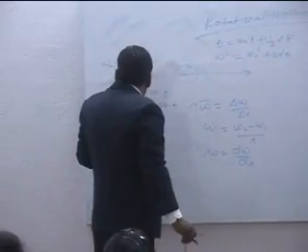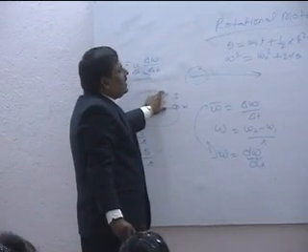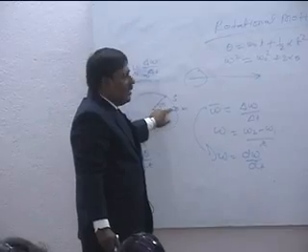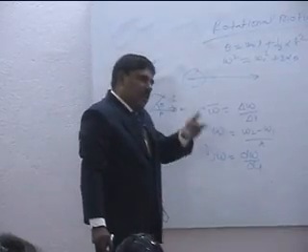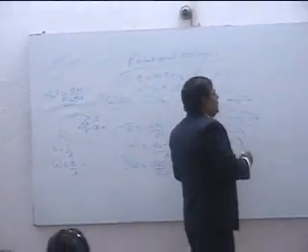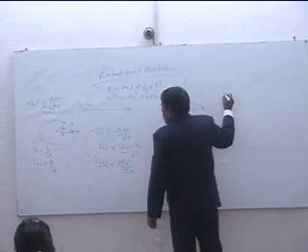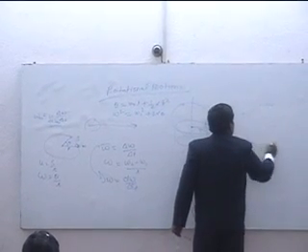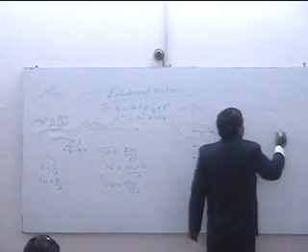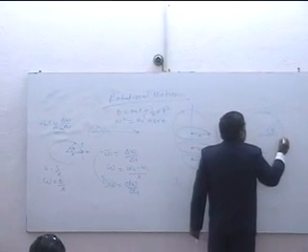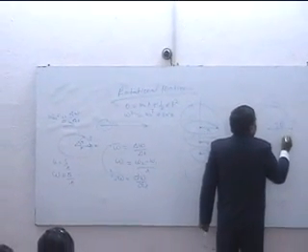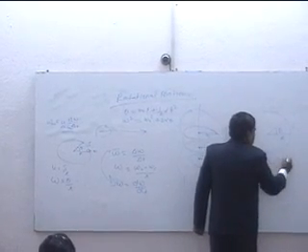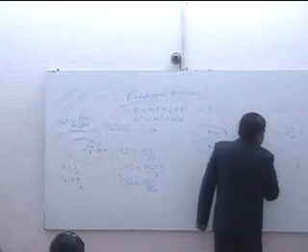So in this case, omega is equal to... now what is the relation between linear speed and angular speed? So linear speed v is equal to... theta is equal to S upon r.